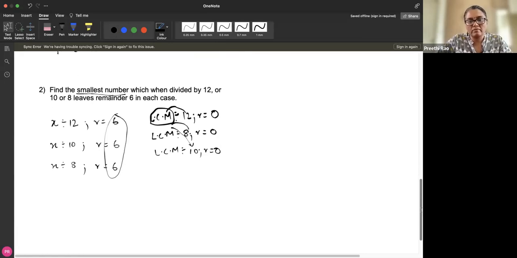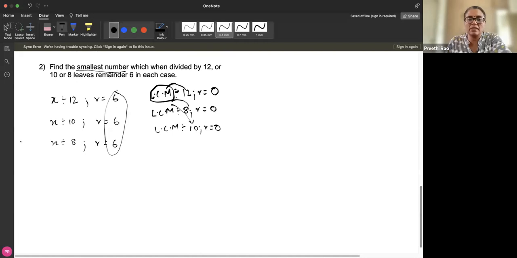But we want the remainder to be 6 when you divide. So how do we go from there? Let's find the LCM first. What are the prime factors of 12? 2 square, 4 into 3. 10 is 2 into 5. 8 is 2 cube.